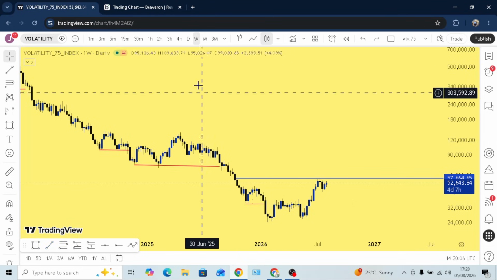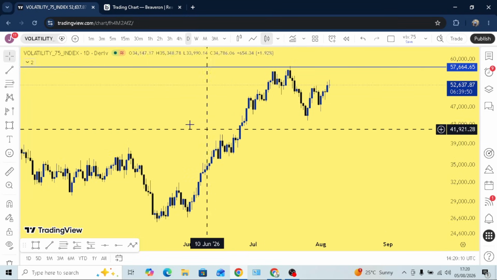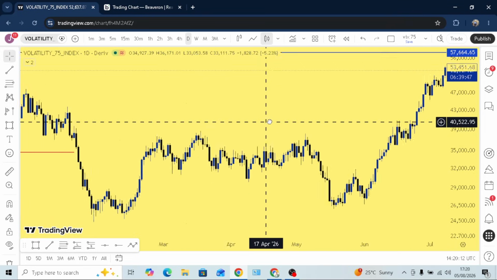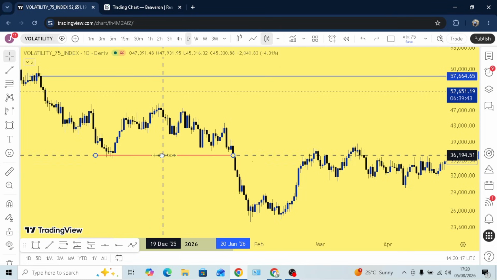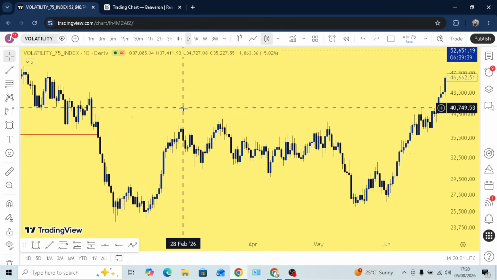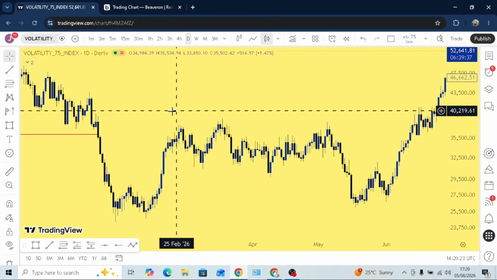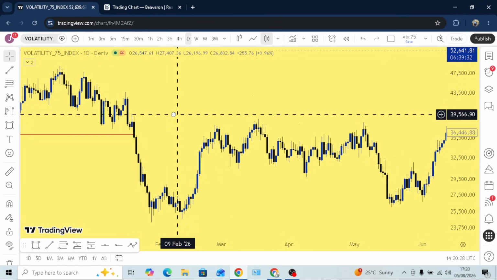So yes, now from the weekly time frame, we move on to the daily time frame. Now on the daily time frame, this was our last break of structure on that weekly leg of price. Okay, so now we got this type of movement on the daily time frame.